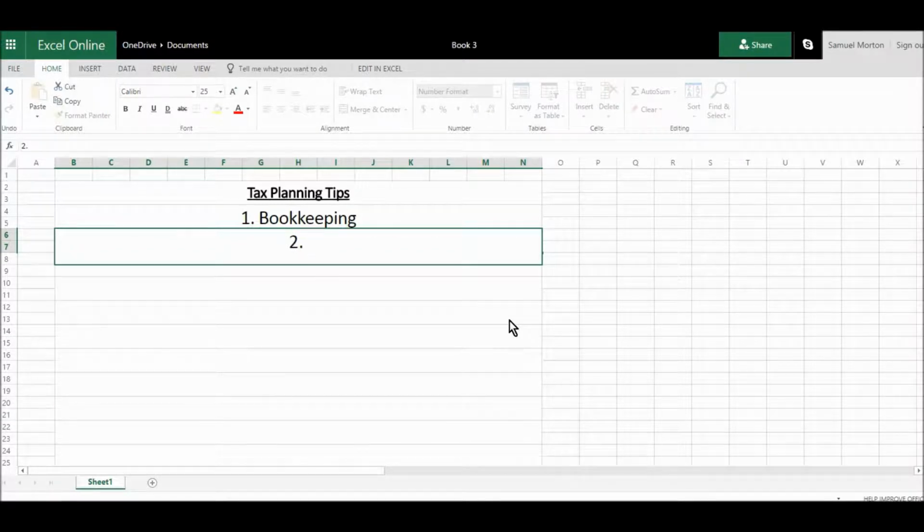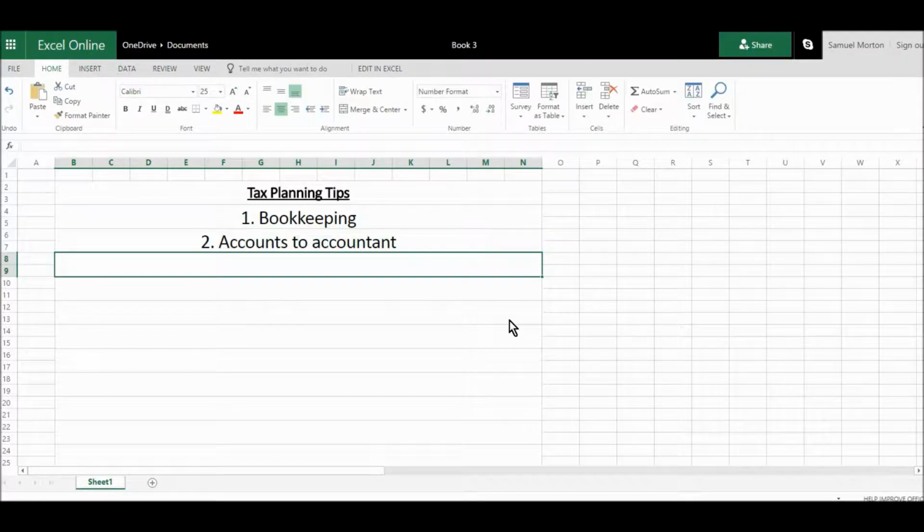Now, going hand in hand with tip 1, tip 2 is to make sure that your accounts are handed to your accountant as quickly as possible. So depending on where you are in the world will depend on how much time you have from your year end to your tax payment.